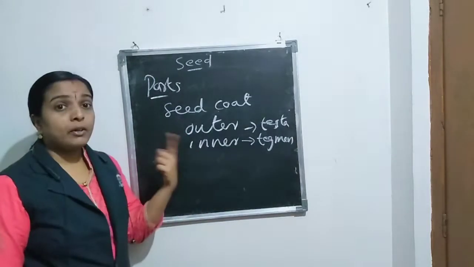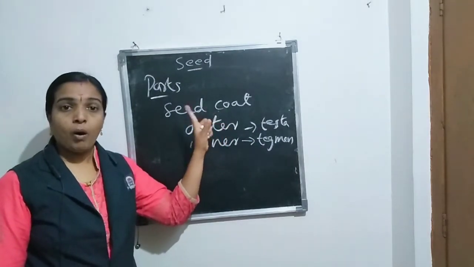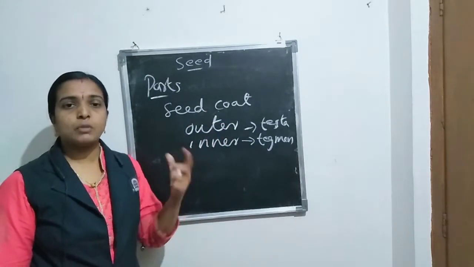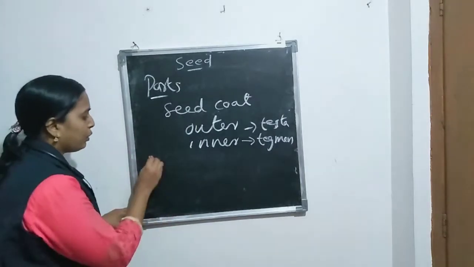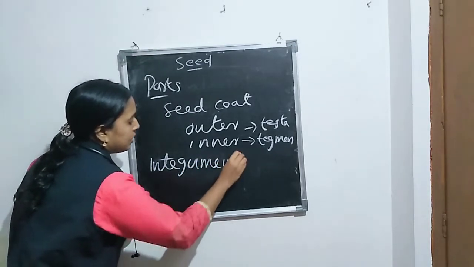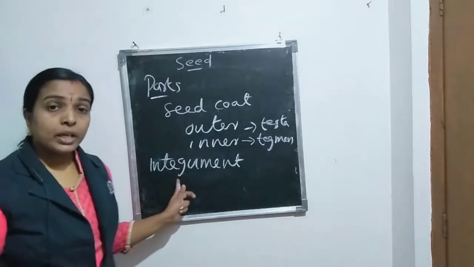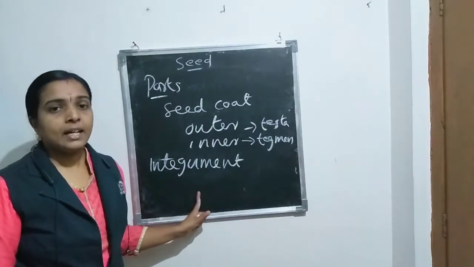Then which part of the ovule becomes the seed coat? Actually the ovule becomes the seed, and which part of the ovule becomes the seed coat? Integument of the ovule becomes seed coat. There are two integuments present in an ovule, outer and inner integument.